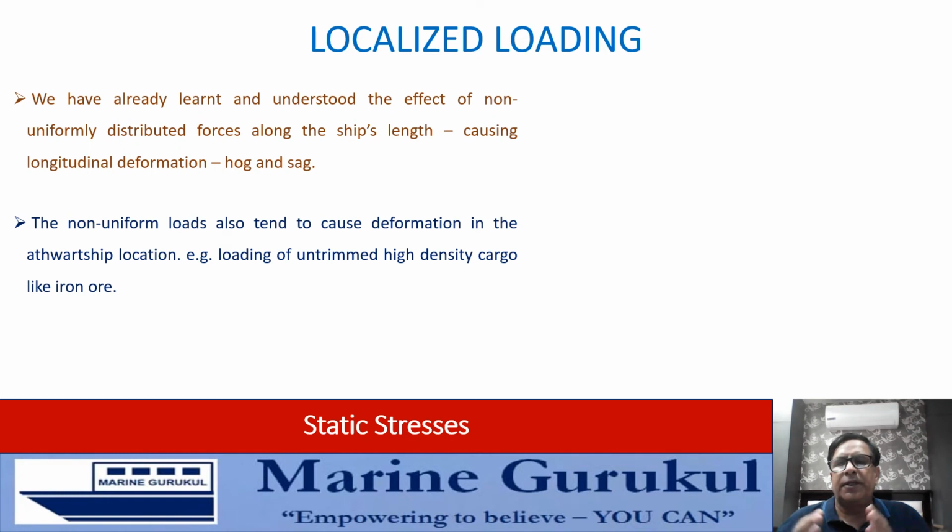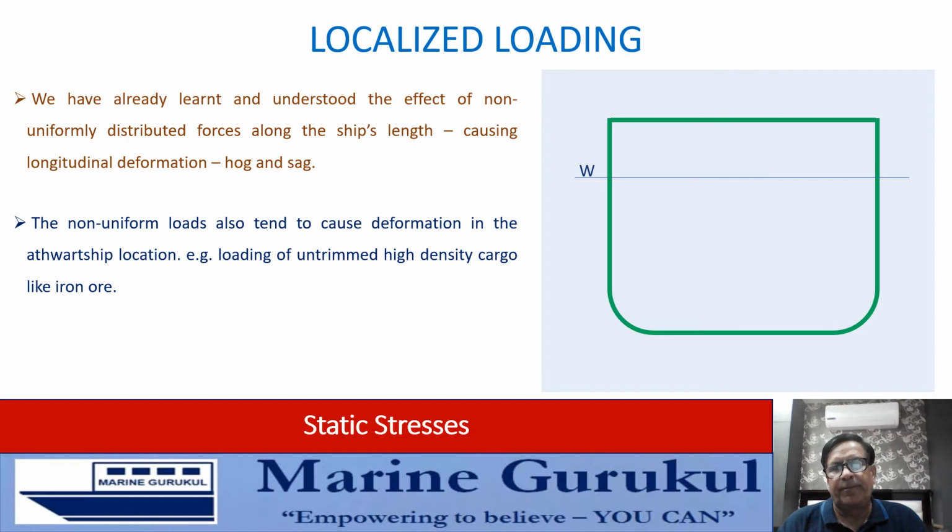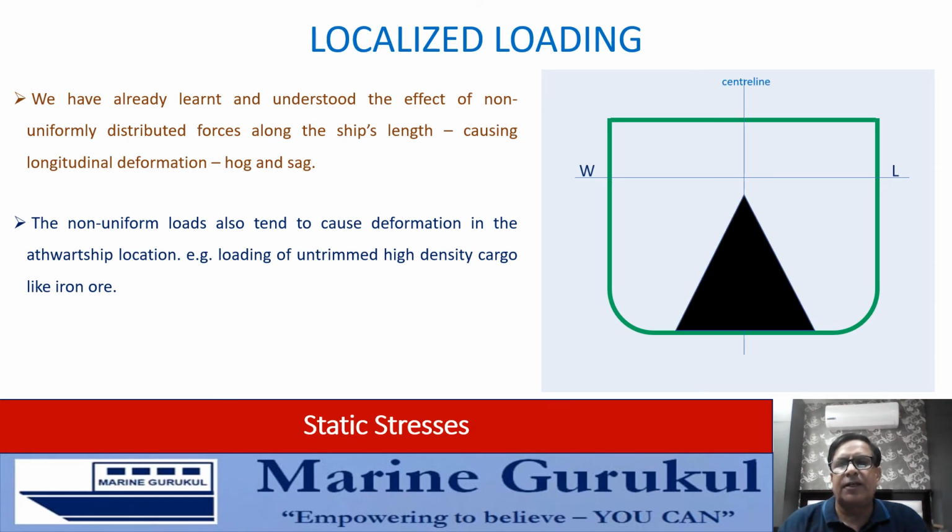For example, if we load high density cargo, which is loaded very close to the center line and is not trimmed onto the sides. For example, if you see in this diagram, we have a high density cargo loaded very close to the center line and not trimmed to the sides.